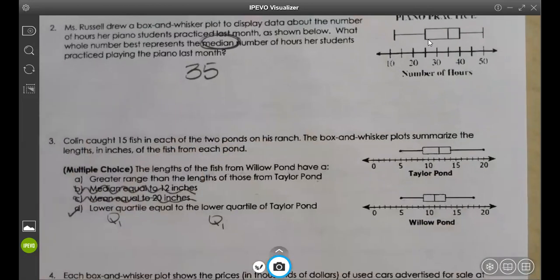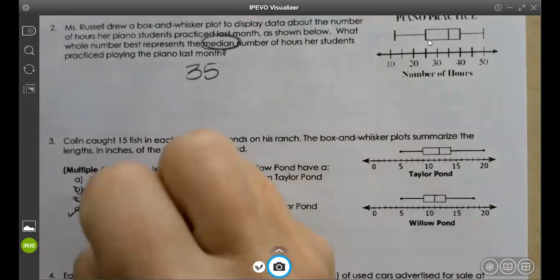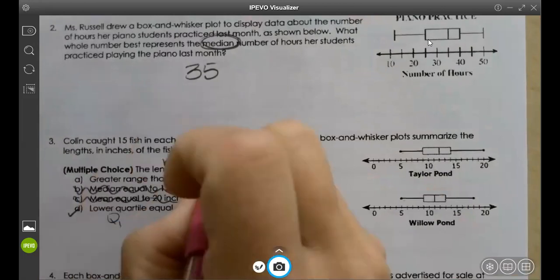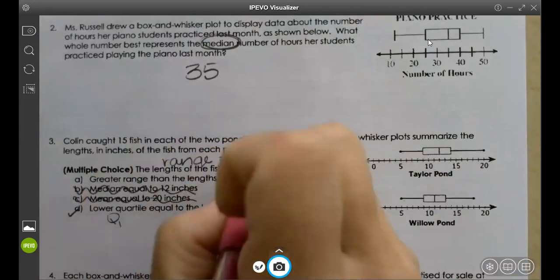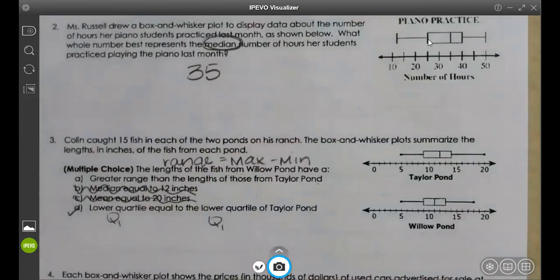And then let's just talk about range, because we haven't talked about it at all. Remember, the regular range is max minus min. Interquartile range is the box length. Okay, so there's two different ones. Regular range is how far does this box and whisker stretch? If it's interquartile range, it's how far does the box stretch?